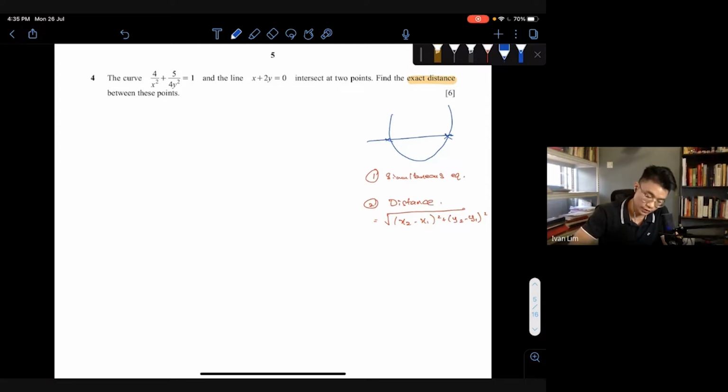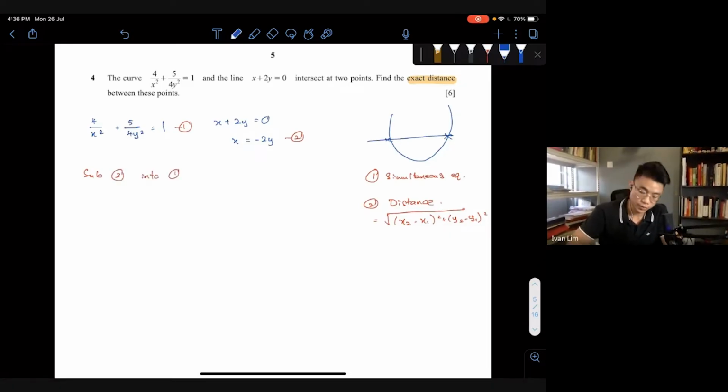Let's write down the equations first. 4 over x squared plus 5 over 4y squared equals 1, that's equation 1. x plus 2y equals 0, let's fix it a bit: x equals negative 2y, and define this as equation 2. So sub 2 into 1.